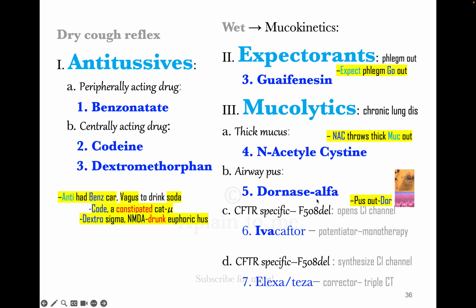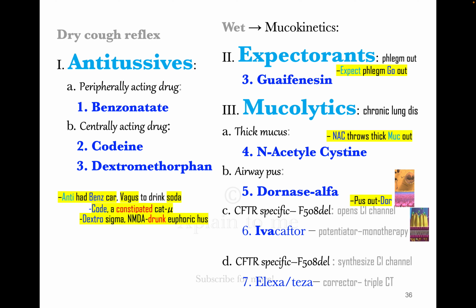And the last drugs in the class are called caftors. Okay, keep in mind CFTR, specific gene, specific proteins. These are because of the gene mutation in cystic fibrosis, especially. Keep in mind, about 90% of patients with cystic fibrosis have the specific gene mutation called F508 deletion.